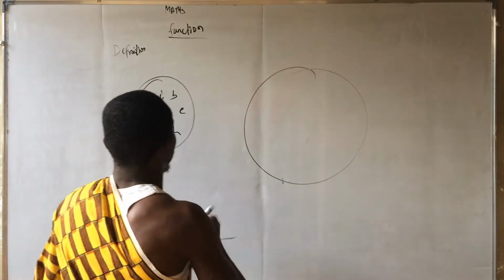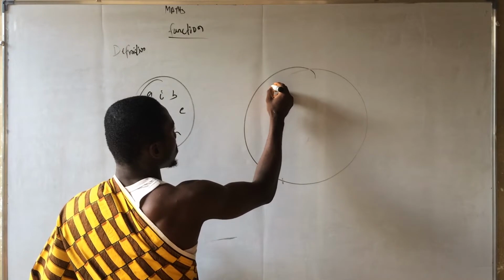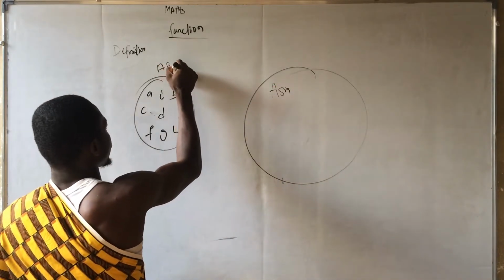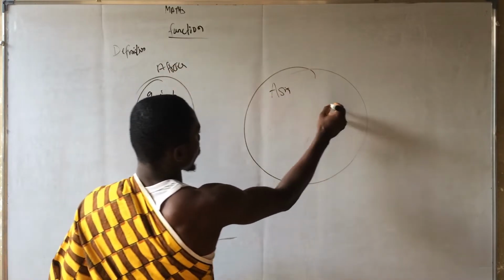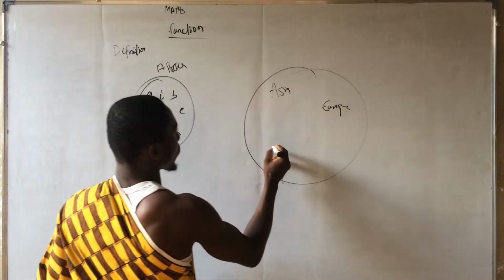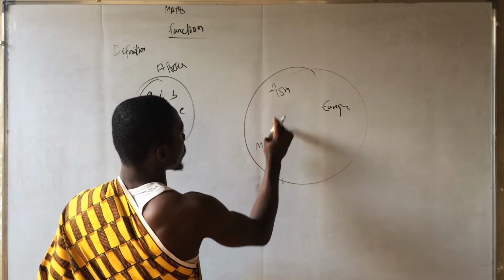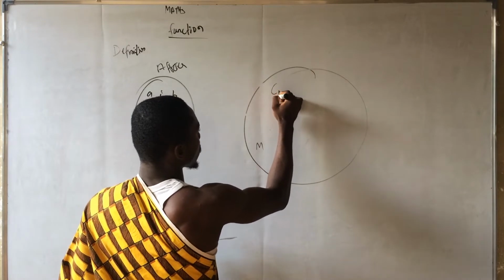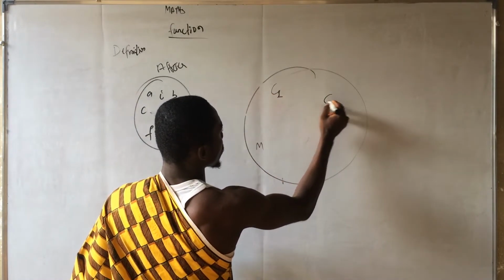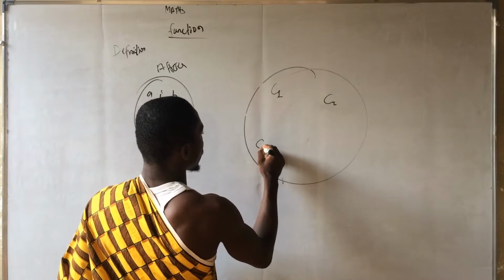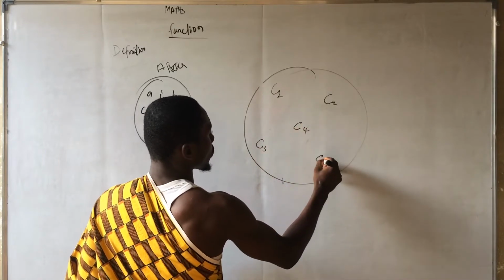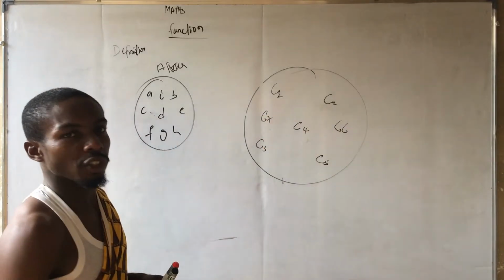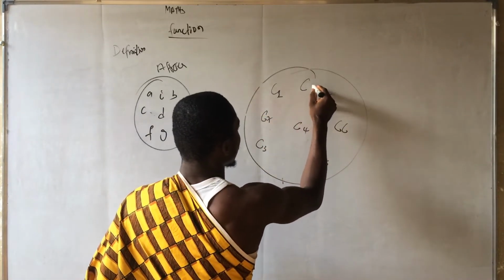So now, let's say Asia, here is Africa. Let me say country 1, country 2, country 3, country 4, country 5, country 6, country 7, and my favorite country, country 8.